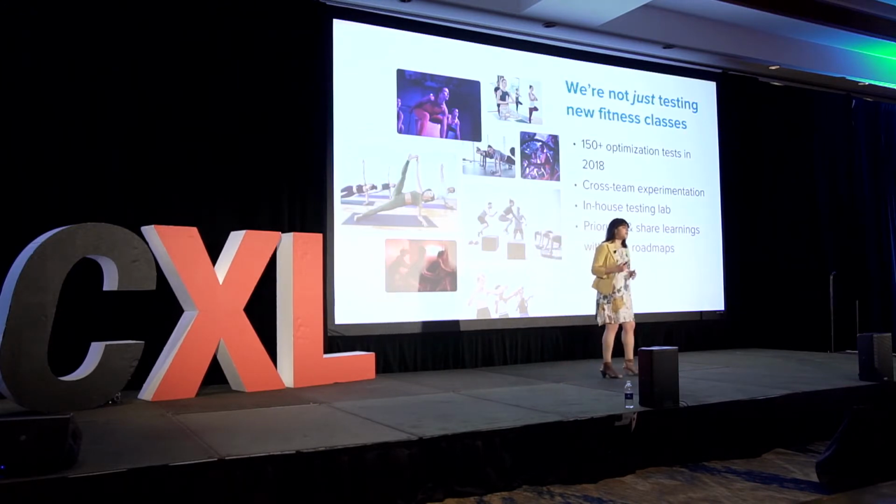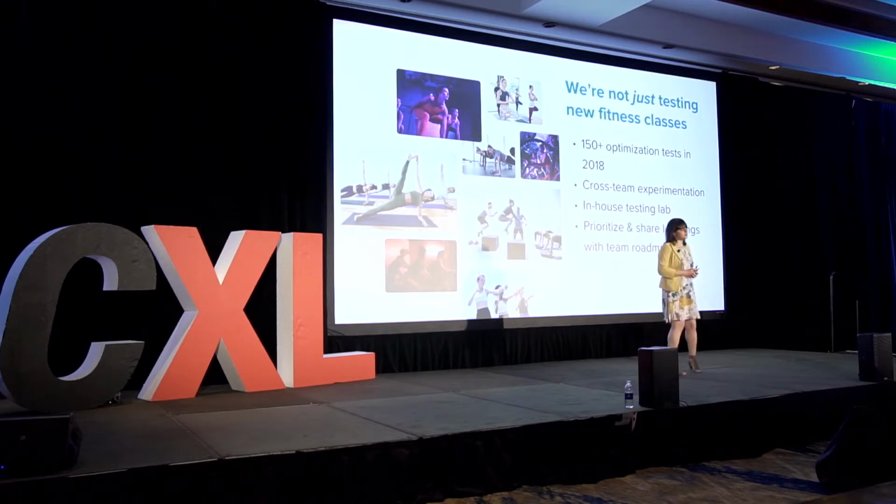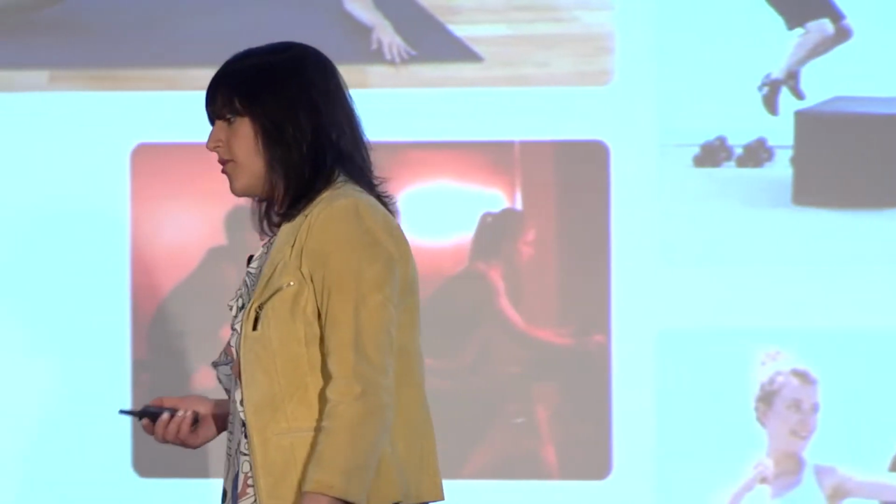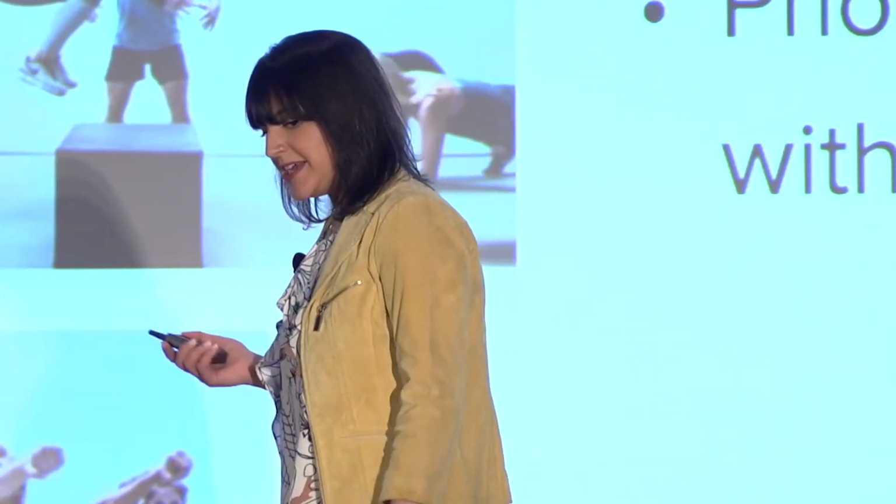A lot of our tests require cross-team experimentation, so we'll usually have members from each of our different departments work together to run an experiment. As a result, we've developed an in-house testing lab, where members of each department come together to ensure that these cross-functional tests are prioritized effectively, as well as resourced accordingly.